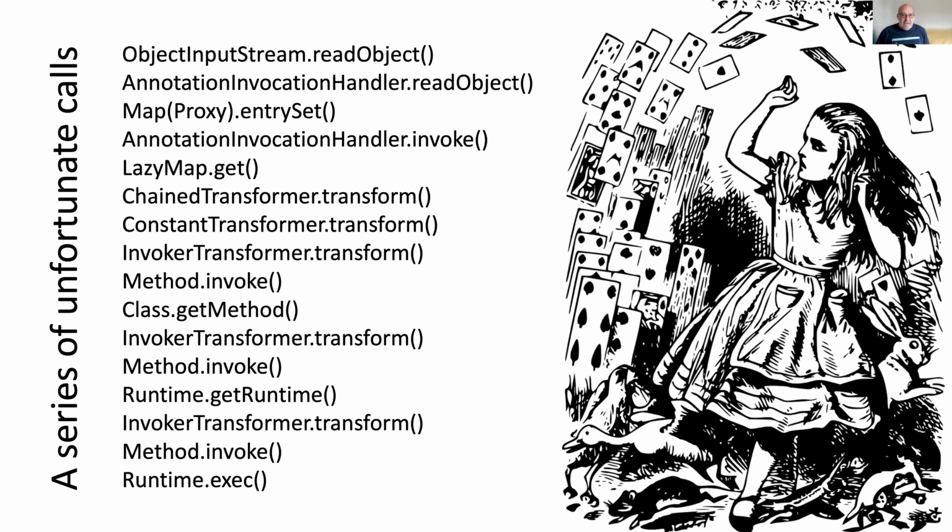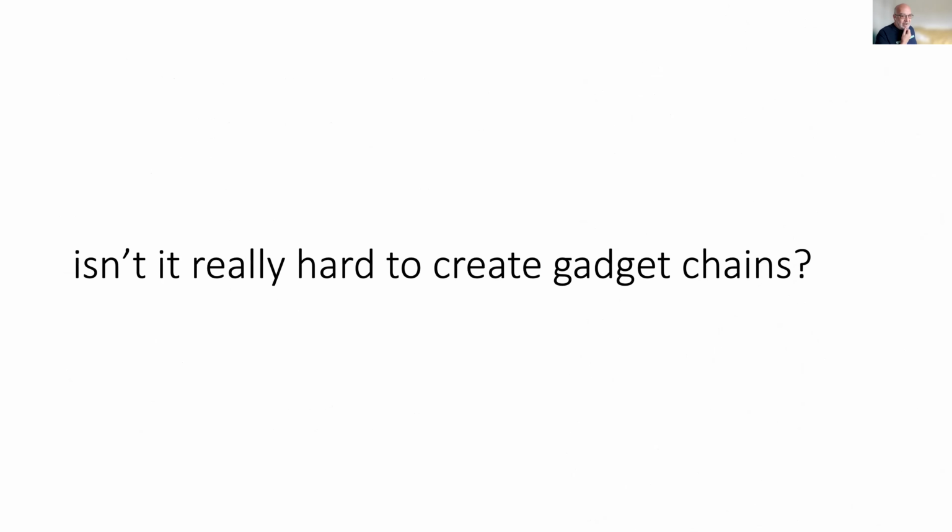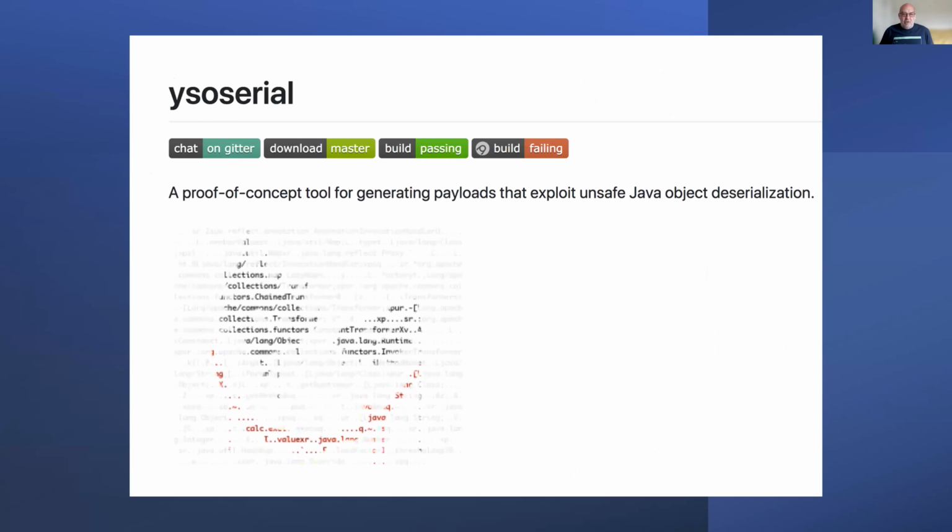Now, this may look really complicated, and you may go, oh, this is too hard. Nobody's going to do this. Is it really hard to do this? Well, unfortunately, there are tools out there, this is just one of them, that will very nicely exploit the vulnerabilities in your system and build gadget chains for proof of concept, by both, unfortunately, the hackers, the bad guys, and those people who penetration test.